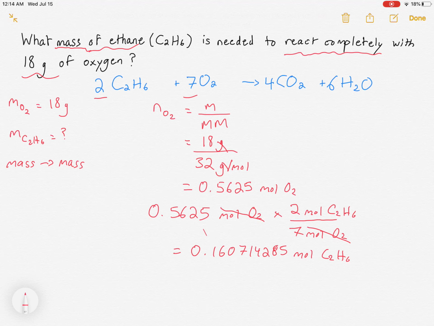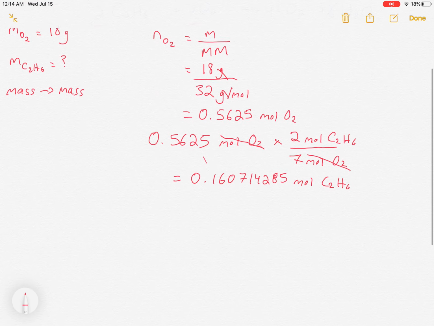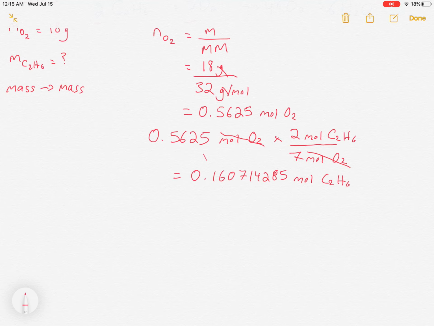I'm going to save that in my calculator, and I'm not going to round that yet because I don't want to accidentally give myself a wrong answer down the road. I'm going to wait until the very end to round anything. So I now know the number of moles of ethane.